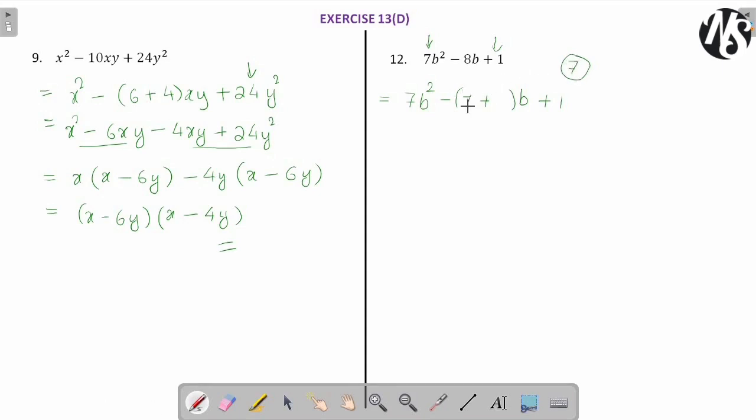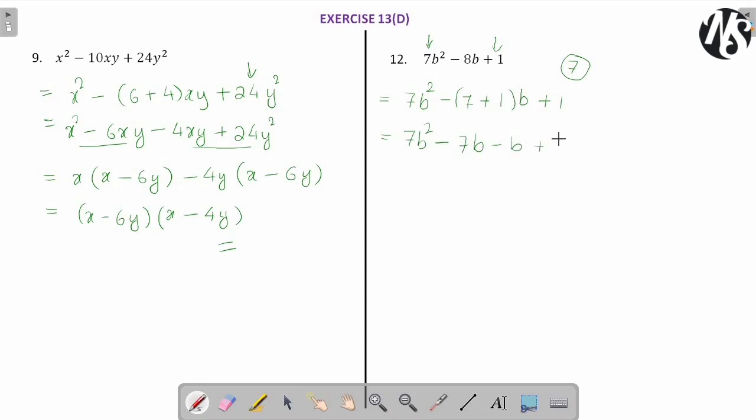So obviously the numbers will be 7 and 1, because 7 plus 1 is 8 and 7 into 1 is 7. Now open the bracket, 7b squared minus, we have 7 into b is 7b, minus into plus is minus, 1 into b is just b.